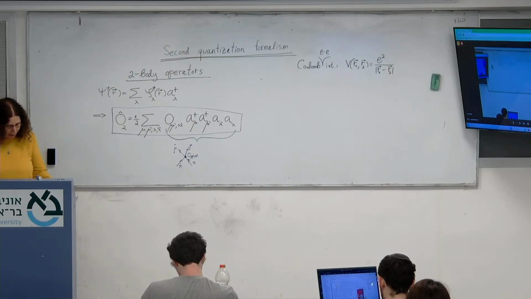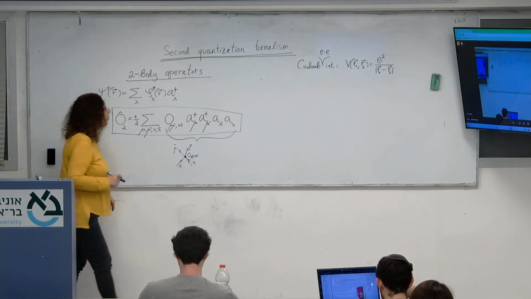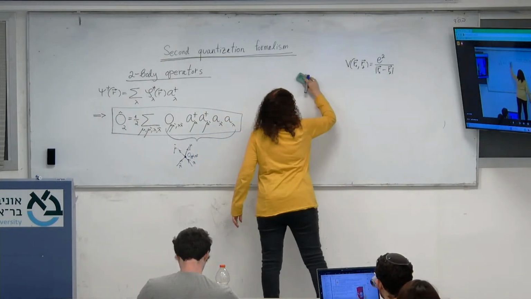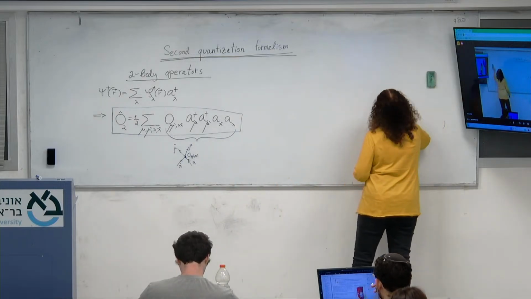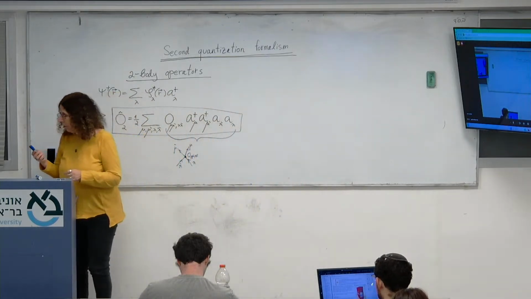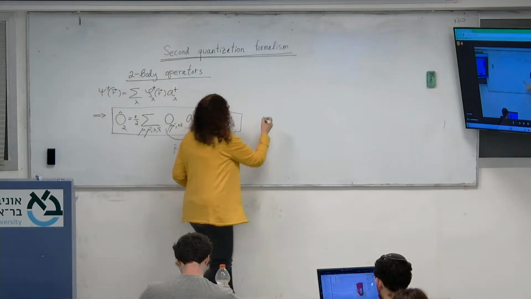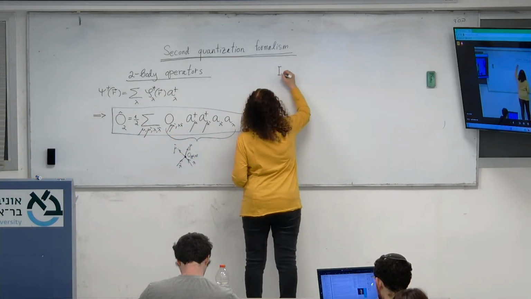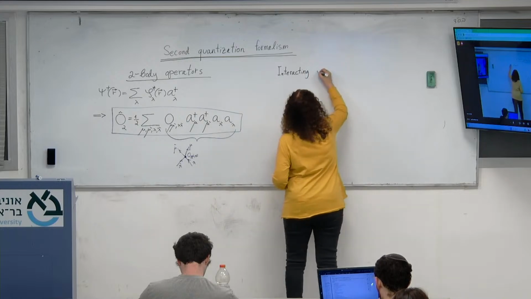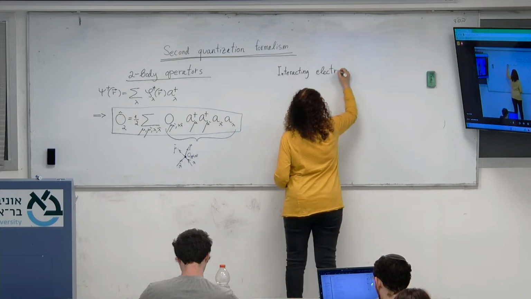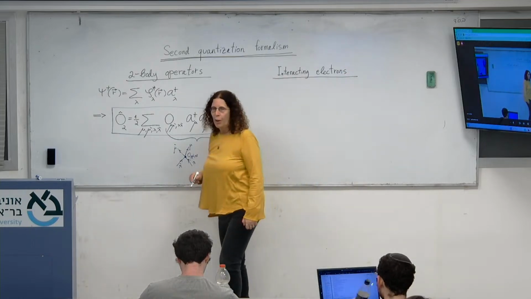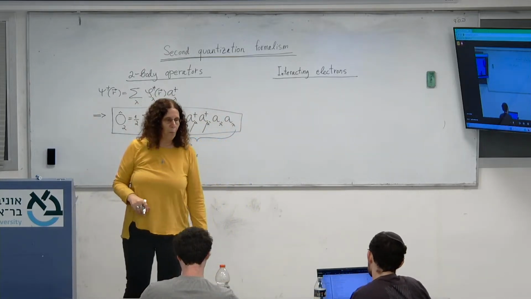Okay, so this was very general. Now let us take a concrete example. Or in fact, you can think of it as interacting fermions in general.